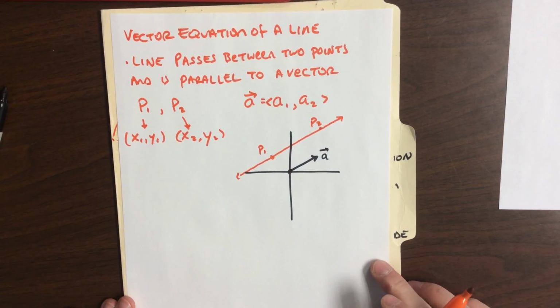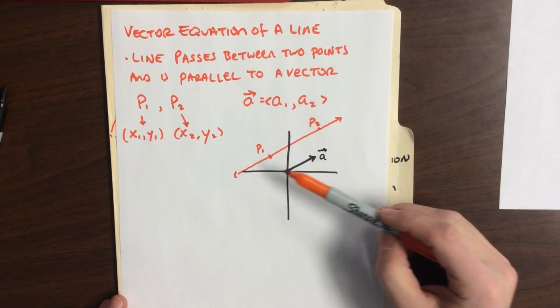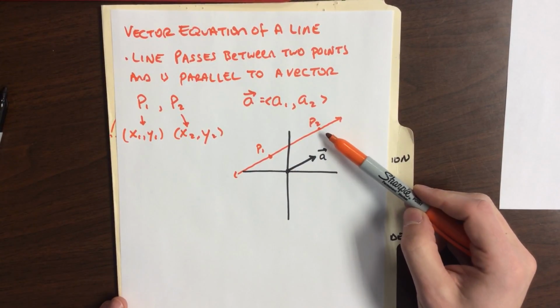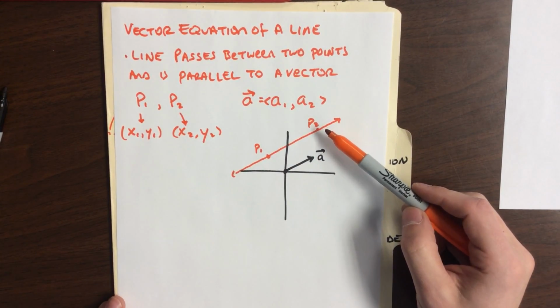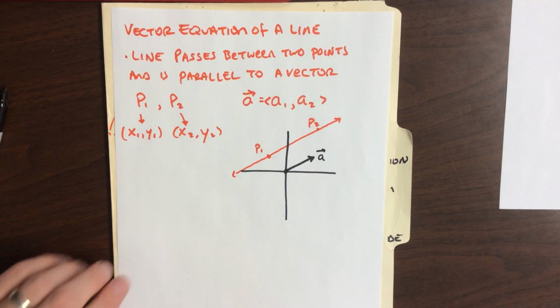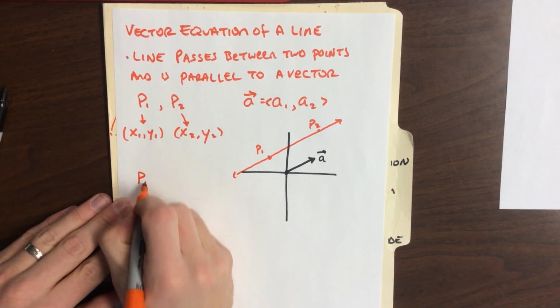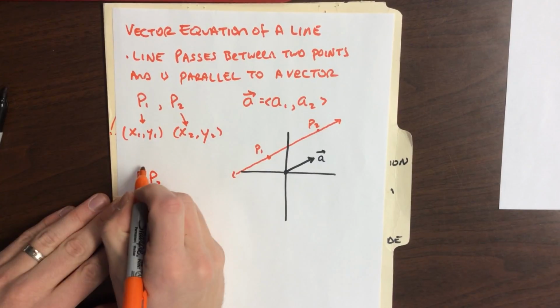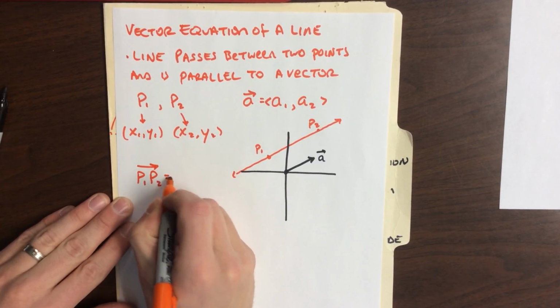We can write a vector that begins at P1 and ends at P2, right? What would the vector P1, P2 be?